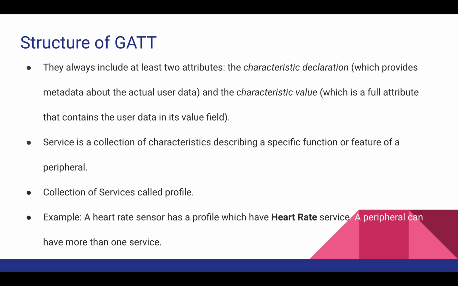A service is a collection of characteristics describing a specific function or feature of the peripheral, and a collection of services is called a profile. For example, a heart rate sensor has a profile which has a heart rate service. We call the service the heart rate service, and a peripheral can have more than one service.